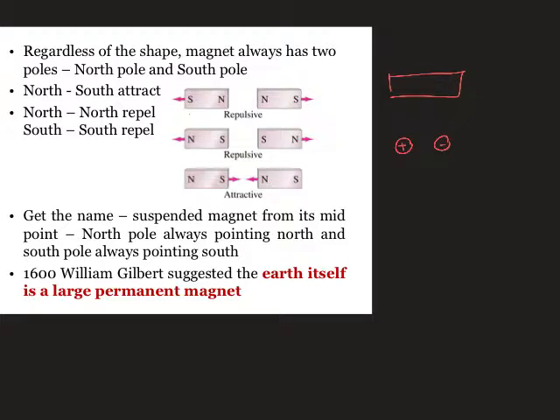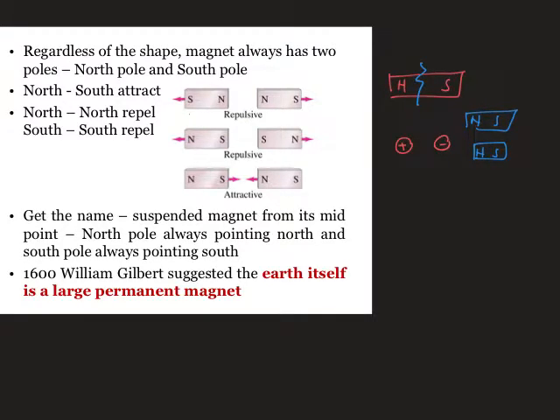When it comes to the magnet, it always comes in a pair, north and south. For example, if you cut this bar, you are not going to get one bar with only north and one bar with only south. You are going to get a new bar which consists of north and south, and another one which also consists of north and south.